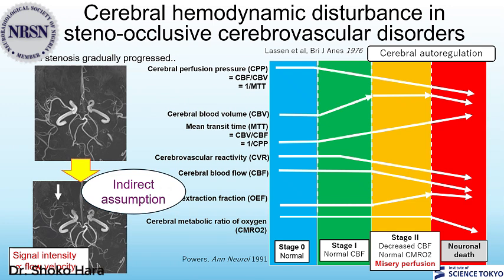Please remember that the flow velocity inferred from the signal intensity of time-of-flight MRA is not equivalent to any traditional hemodynamic parameters obtained with dedicated hemodynamic modalities. However, decreased signal intensity in distal arteries may suggest reduced CVF, impaired CVR, or increased OEF, miliary perfusion.